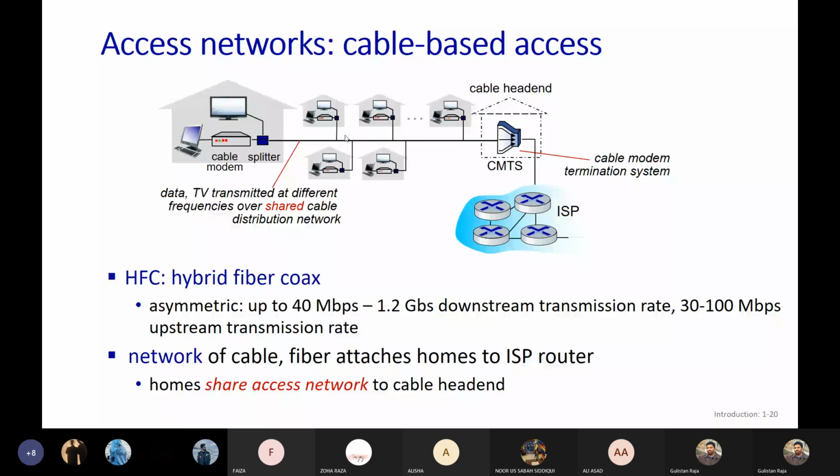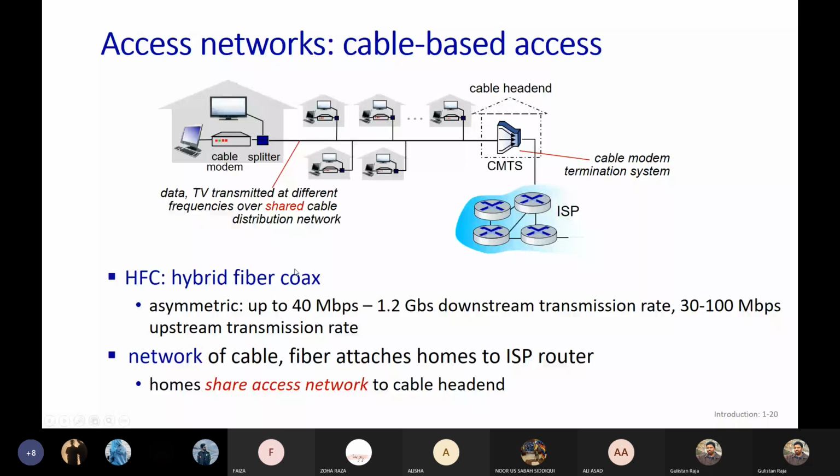Naturally, in case of internet, we mainly download. So asymmetric means that upload and download speeds are not the same. The typical speeds for HFC are 40 Mbps to 1.2 Gbps. Downstream transmission rates are higher, and 30 to 100 Mbps is the upstream transmission rate. So HFC is today's model for cable access networks.